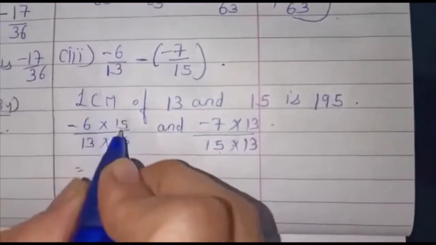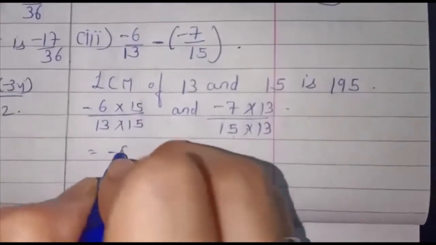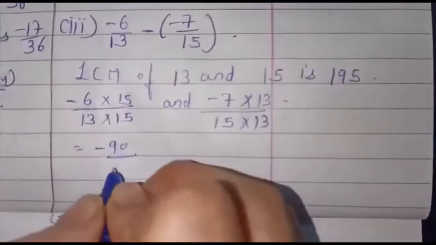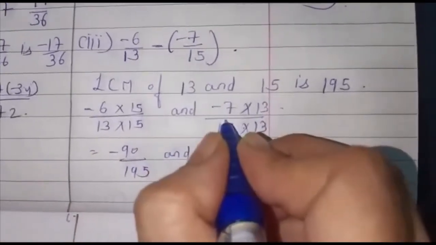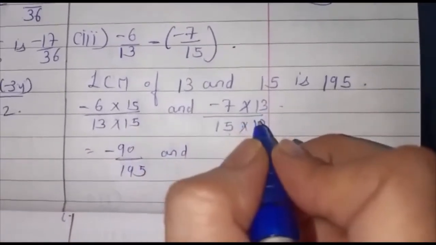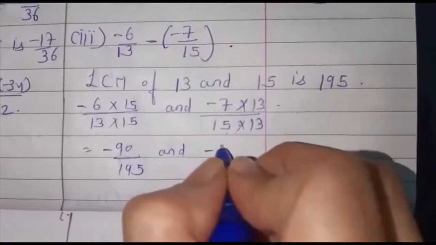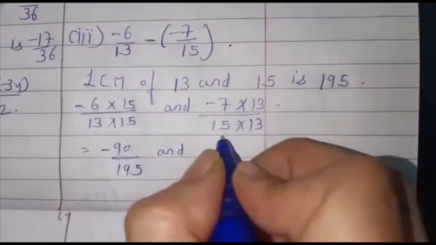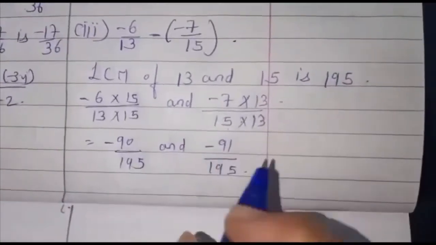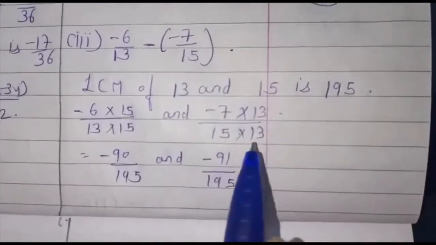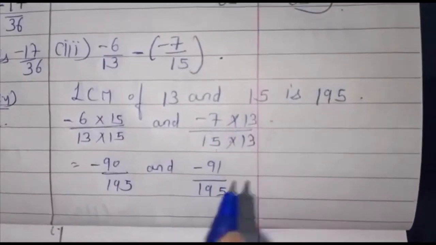Now minus 6 into 15, that gives minus 90, and 13 15s are 195. And minus 7 into 13, that gives minus 91. And 15 13s are 195. And now in subtraction we need to do additive inverse and then we will add, okay.